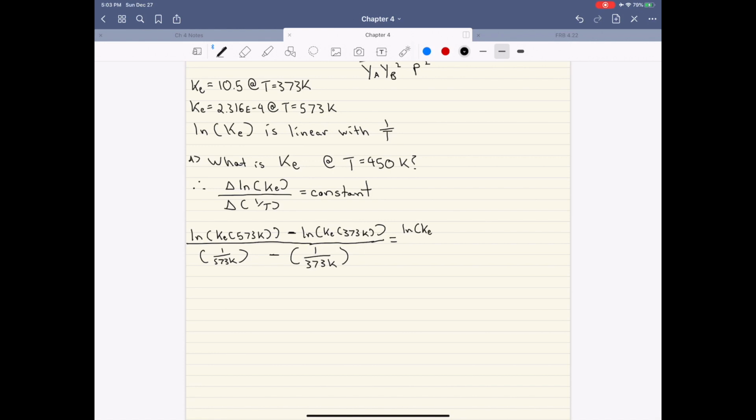But instead of writing 573 K, I'm going to write the equilibrium constant for 450 Kelvin. Then on here, I'm going to write the 373 K one, and in the denominator, I'll write this out.